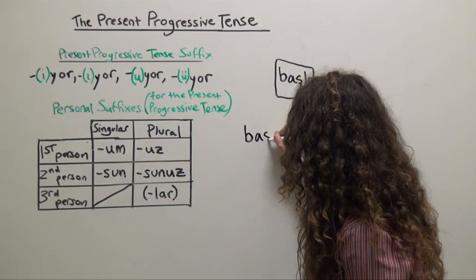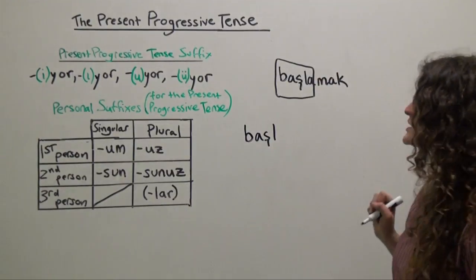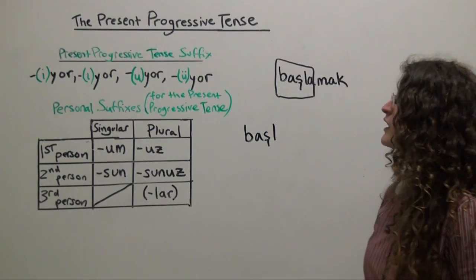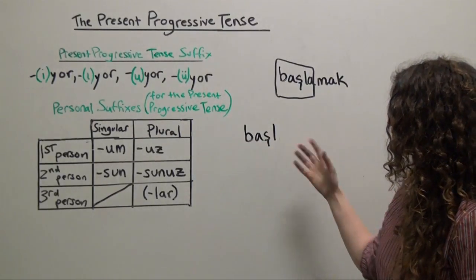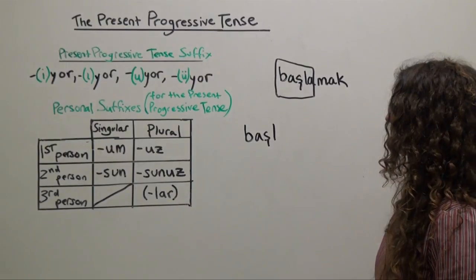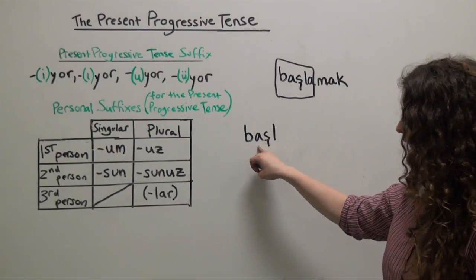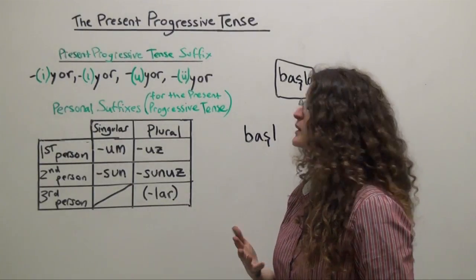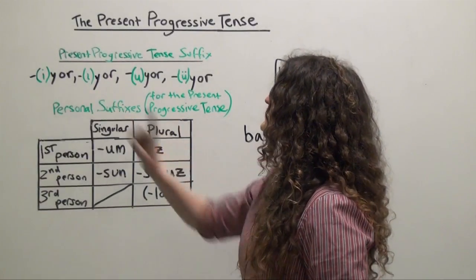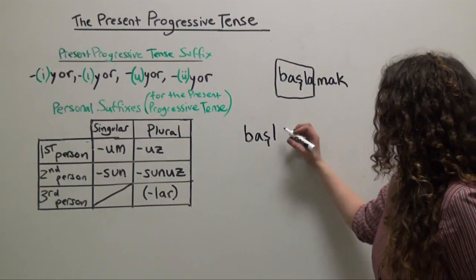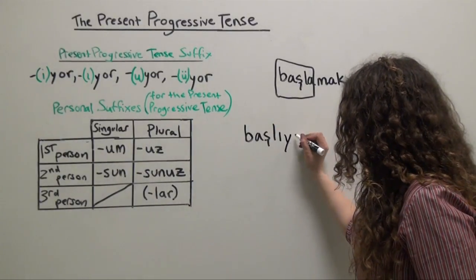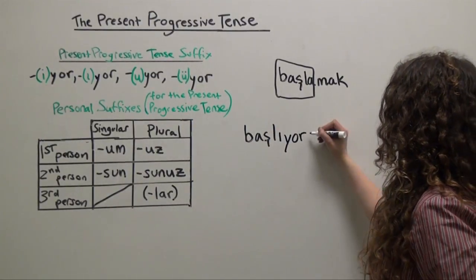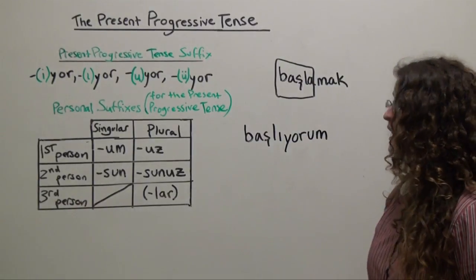We're going to take başlı, and we're simply going to add the buffer vowel which harmonizes best with the preceding vowel in the verb stem. So in this case, our preceding vowel is a. According to the rules of four-way vowel harmony, we're going to choose ı as our buffer vowel. So başlı, yor, and then başlıyorum, başlıyorsun, and so on.